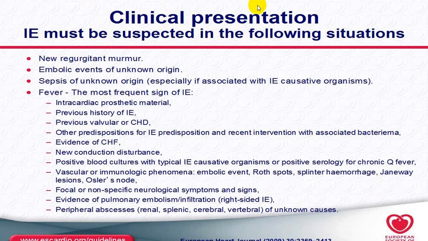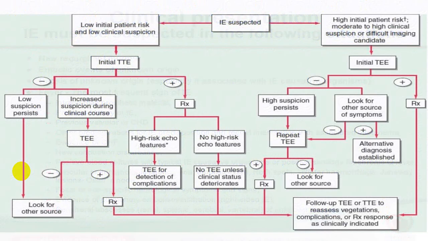We have already told you the clinical presentation. We have given you the previous slides showing the definite, possible and rejected criteria, by utilizing echocardiography. At your leisure time you can go through them, in which you have high suspicion and decreased suspicion, or we can put them into rejected groups.